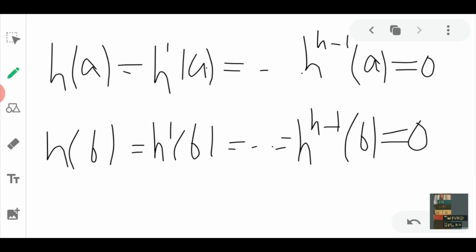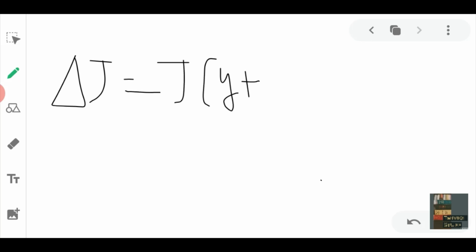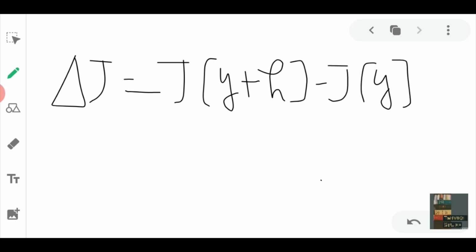The variation in the functional is now given by, we denote it by delta J, which is equal to J of y plus h minus J of y, and then I put in the value of both of them. Let me use another page. So this is integral from a to b.